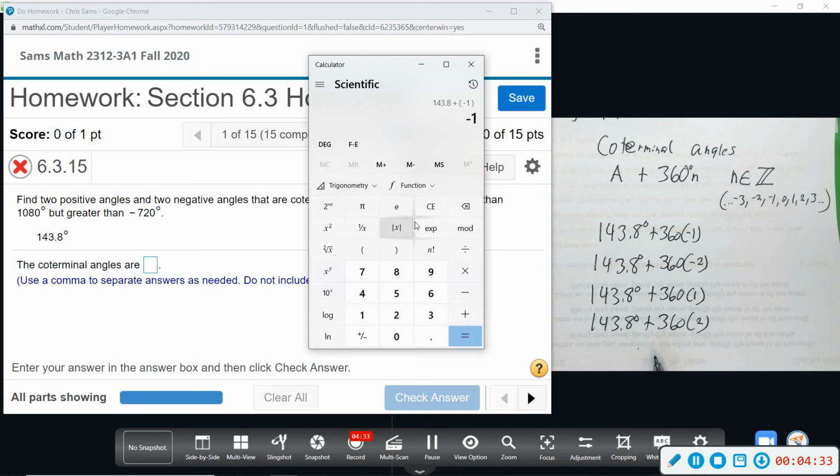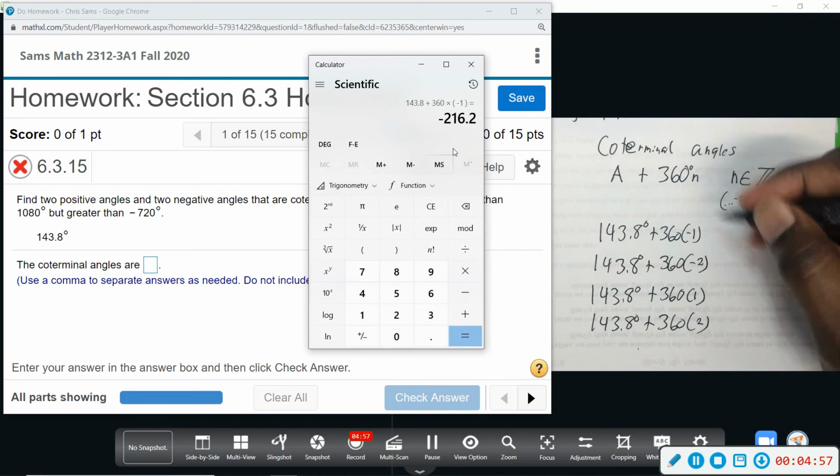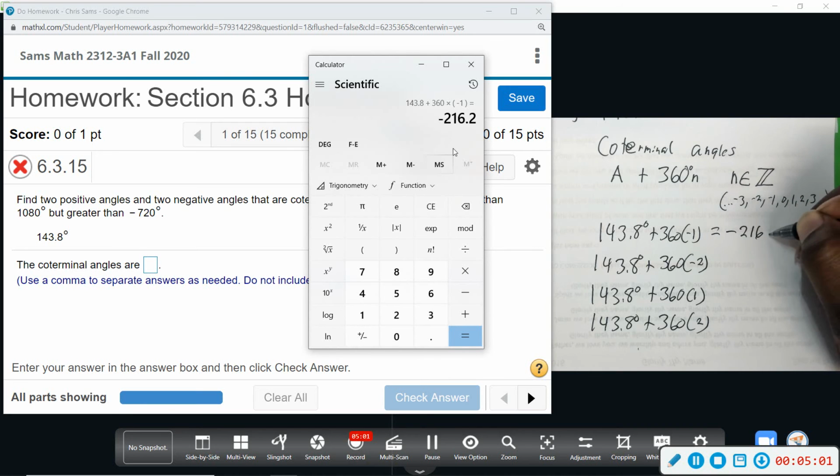It's getting rid of my 360 when I do that. Let's try this again: plus 360 times, maybe I have to do it that way, then parentheses the number 1, make it negative, and close it. So it's showing me 143.8, and it's multiplying this. Order of operations takes over, and it multiplies first. That gives me negative 216.2. This is all in degrees.